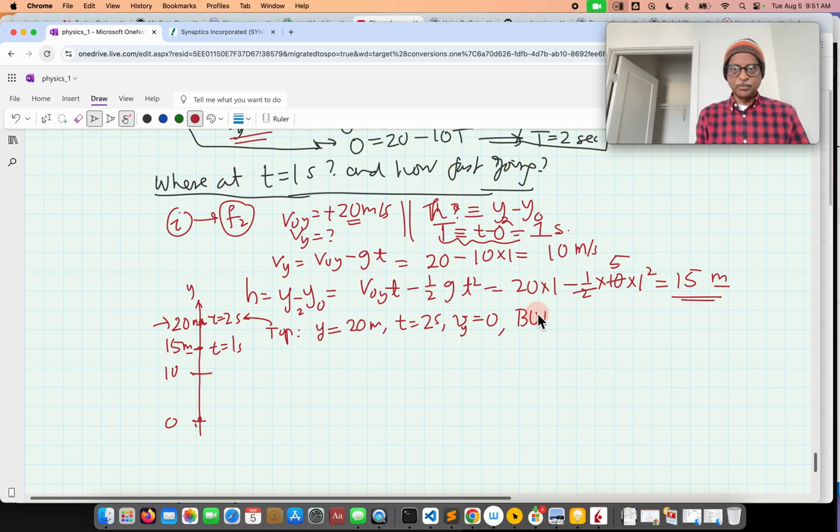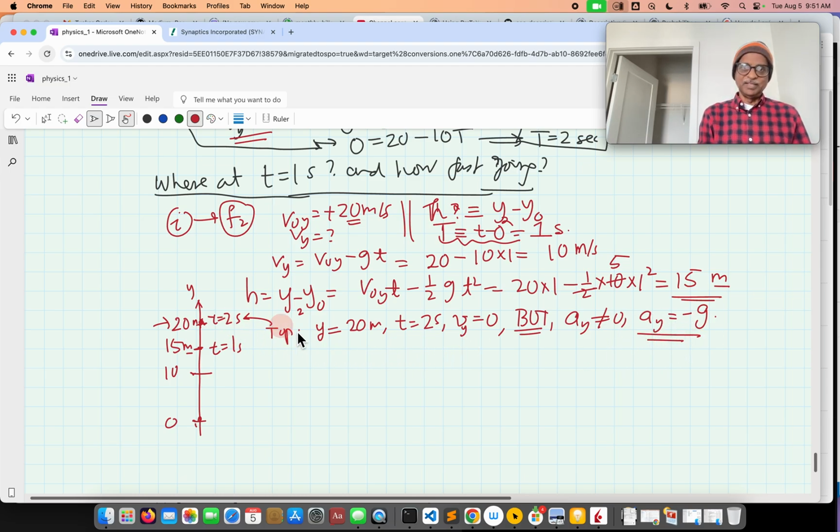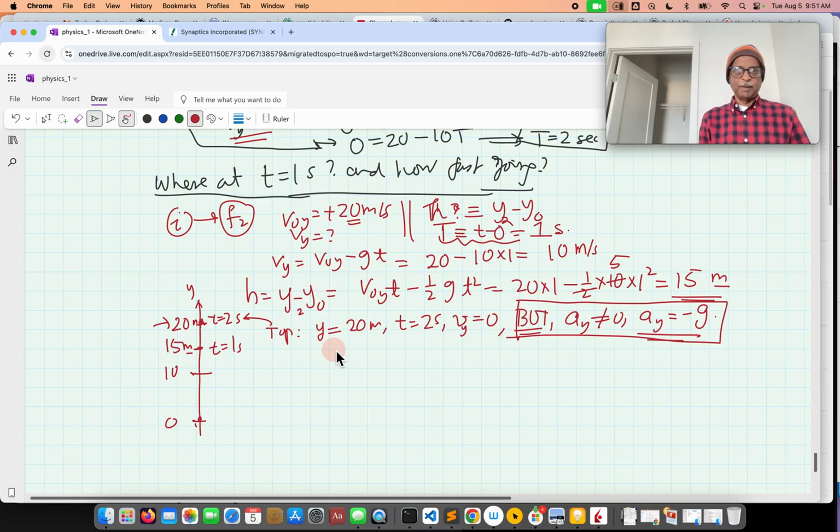but ay is not 0. Actually, ay is minus g. And because this is not 0, the next instant it will start to fall. And this is crucial. Even if this is 0, it looks like it's not going to go anywhere.